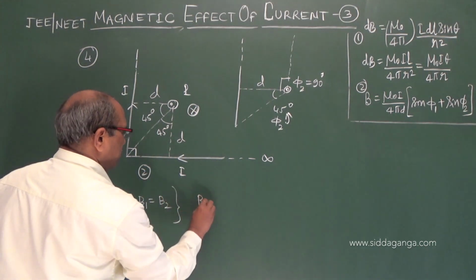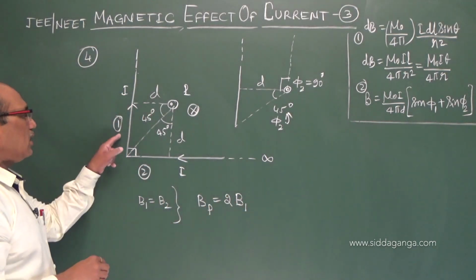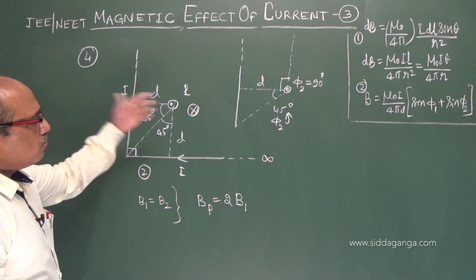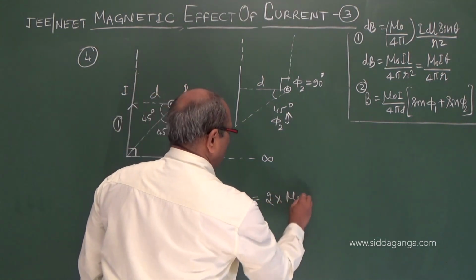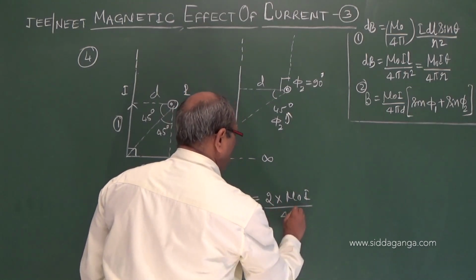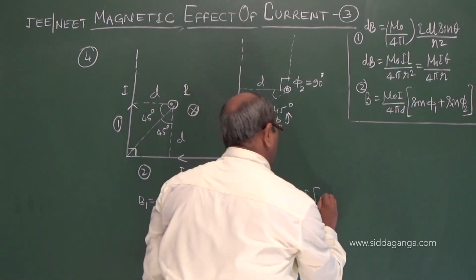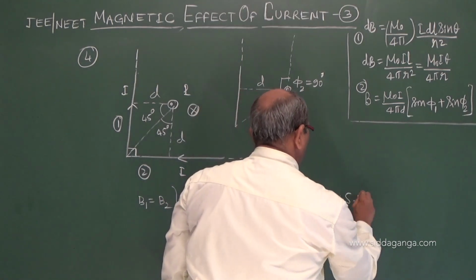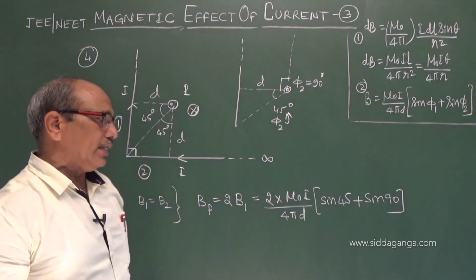Therefore I can write B at P equal to 2 times B1. If we calculate B1, the same holds for B2 in both direction and magnitude. 2 into mu naught I upon 4 pi D, times sine 45 plus sine 90. I think you have followed why 45 and 90 are taken.